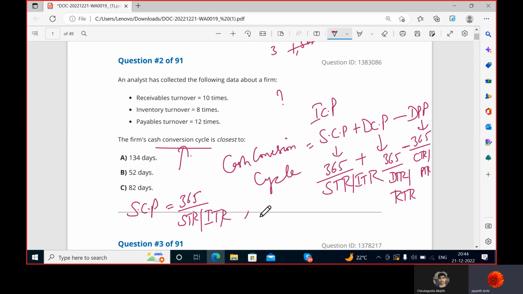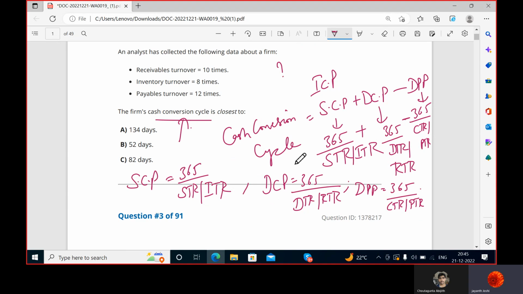Debt collection period is 365 days in a year divided by debtors turnover ratio or receivable turnover ratio. Debt payment period is 365 days in a year divided by creditors turnover ratio or payable turnover ratio. So I put everything in front of you. I'll put the values even.